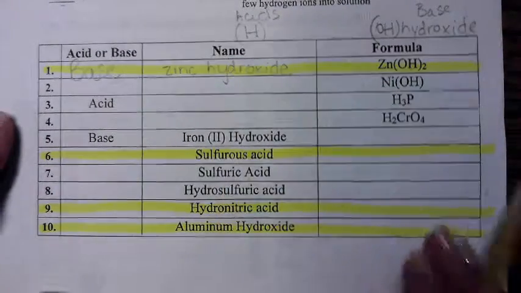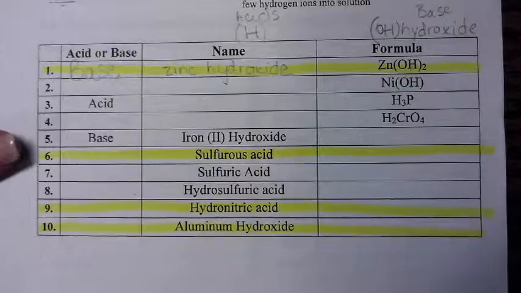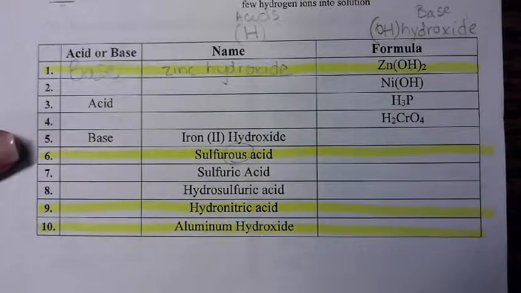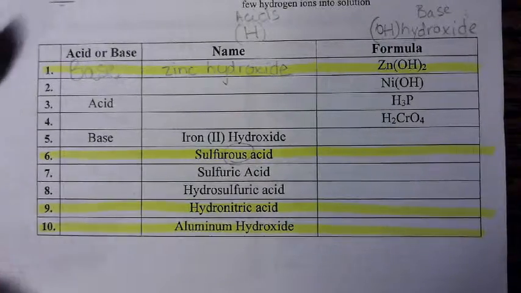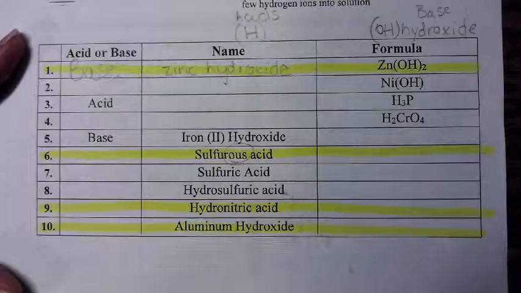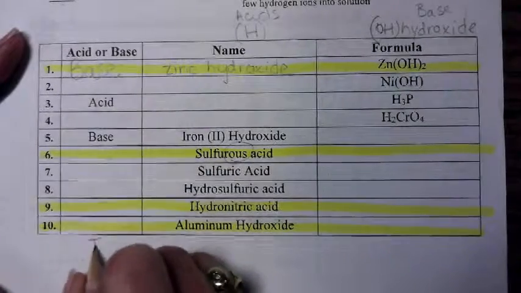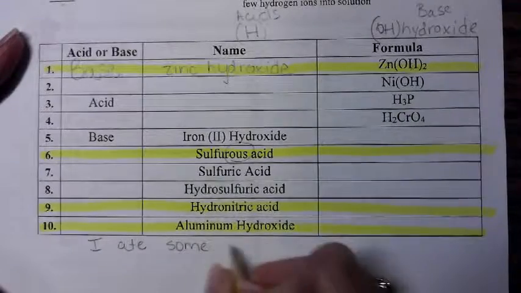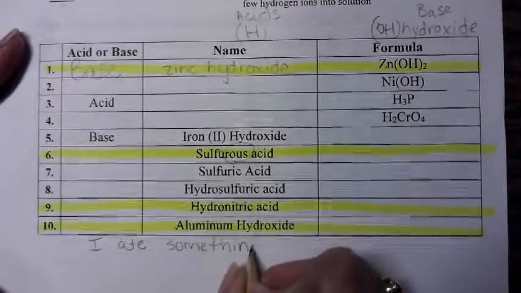Sulfurous acid. Okay, so each teacher taught a different trick to remember how to change the end of the polyatomic ion when you're naming acids, oxyacids specifically. So for sulfurous acid, what I taught my kids is I ate something icky.